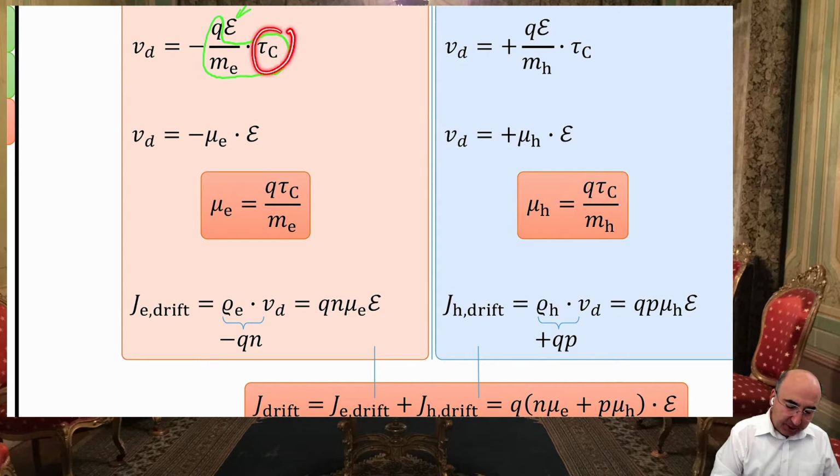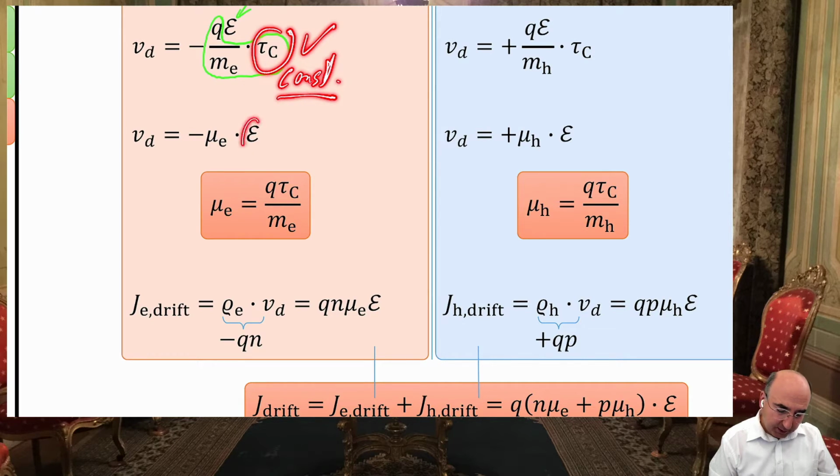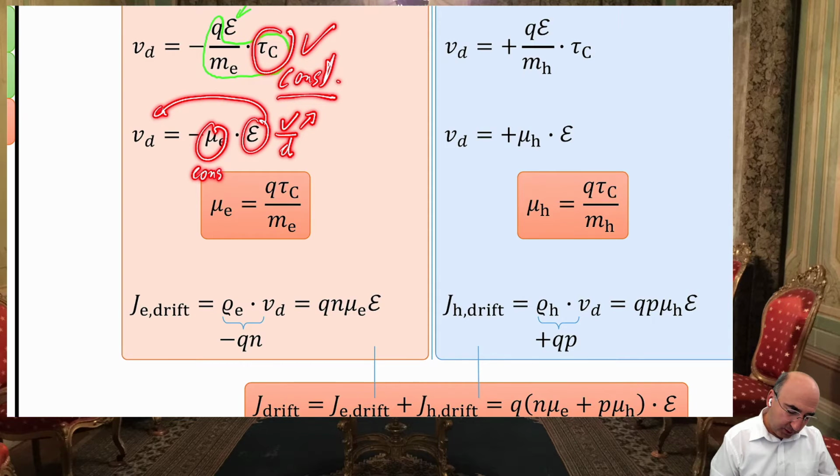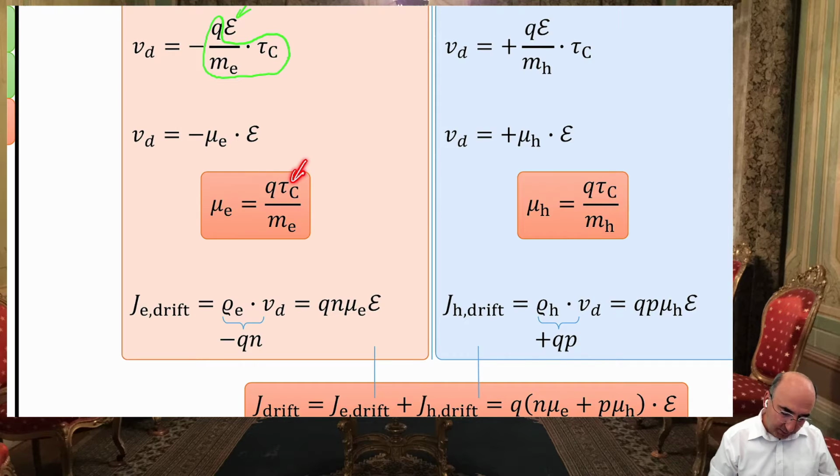The tau c is constant for a certain temperature, certain doping level, certain material. So if you increase the voltage, the electric field is V divided by the distance, you increase the speed, and the mobility is constant. So you assume that tau c and the effective mass are constant at the moment.